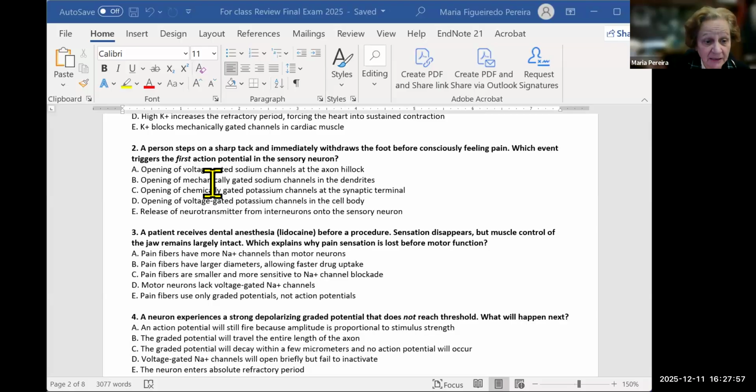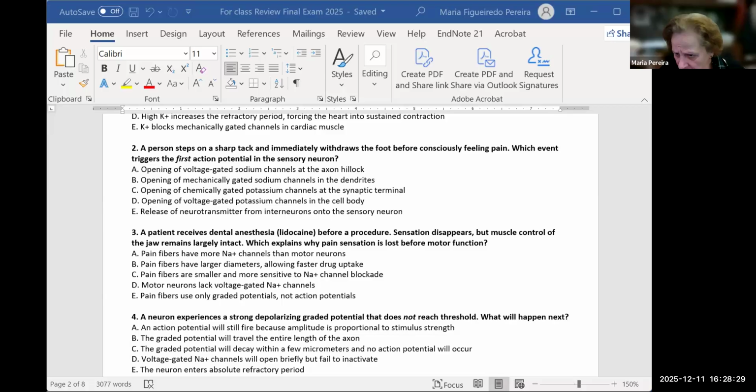Remember, graded potentials involve chemically gated channels or mechanically gated channels. So here, because you have a sharp tack pressuring on the foot, B is the correct answer.